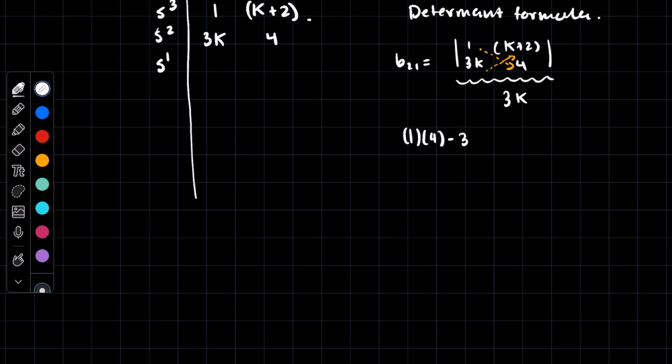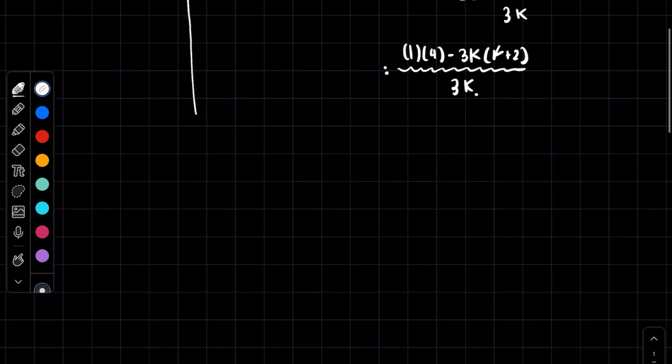Then we multiply this. Continue down. It's 4. We have 3k squared plus 6k, minus 4.